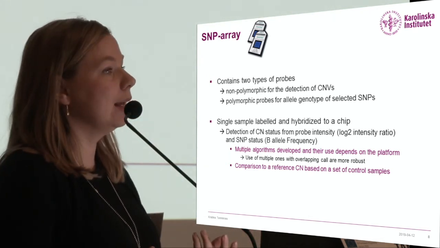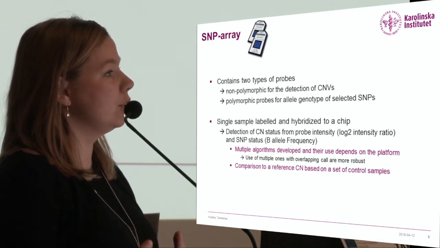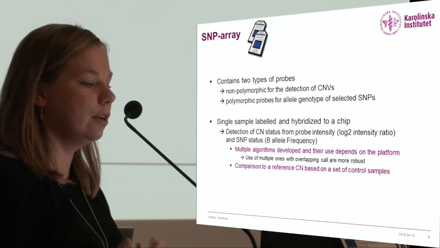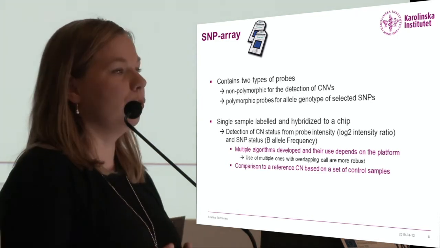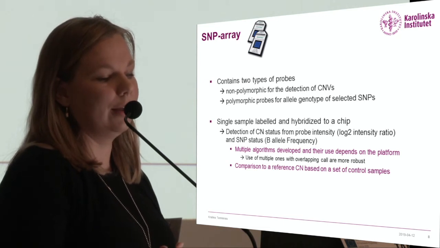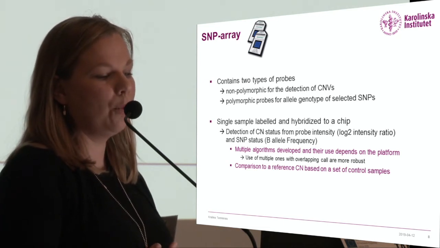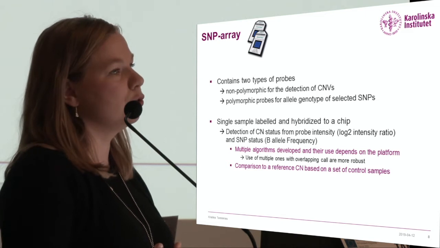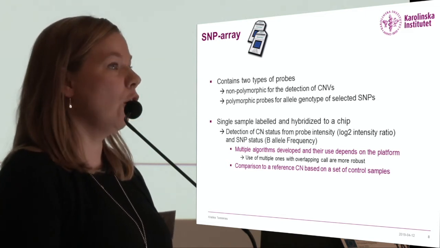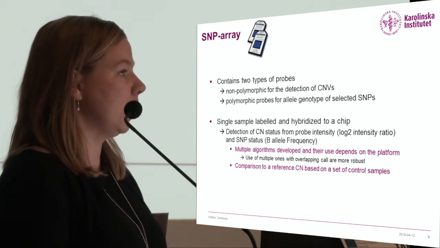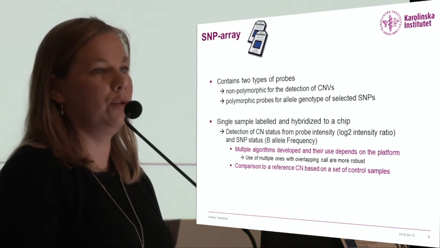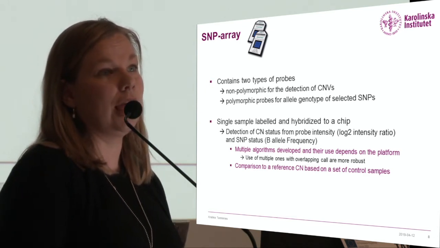In SNP arrays, you don't need two samples like in array CGH, but you have a single sample, so you can have your cases and your controls, but all of them would have one chip. Then you read both the intensity information and also the SNP status from that array.